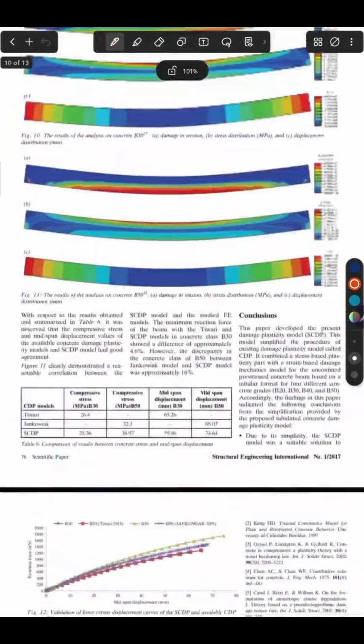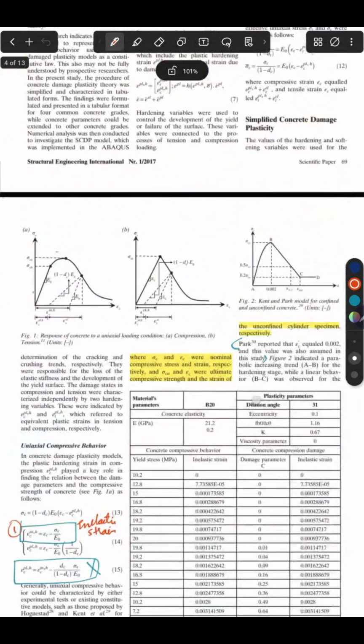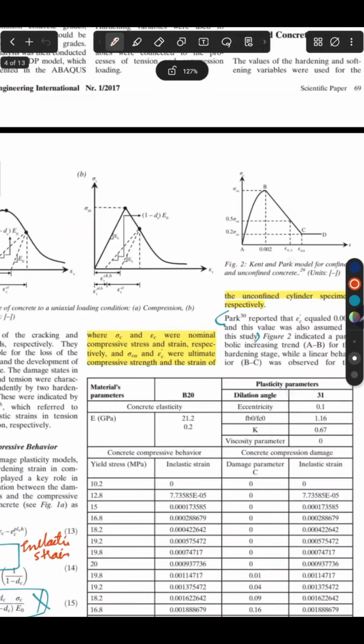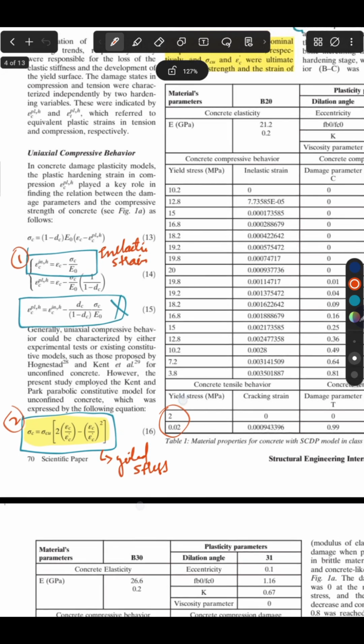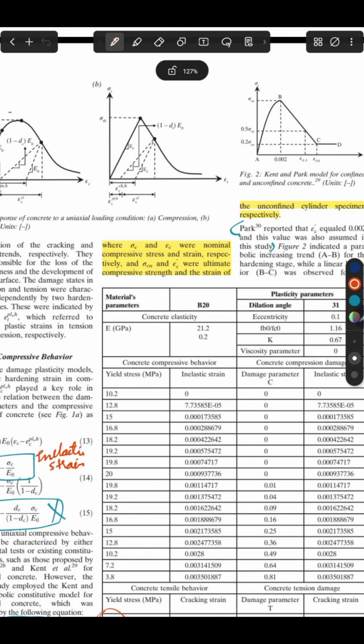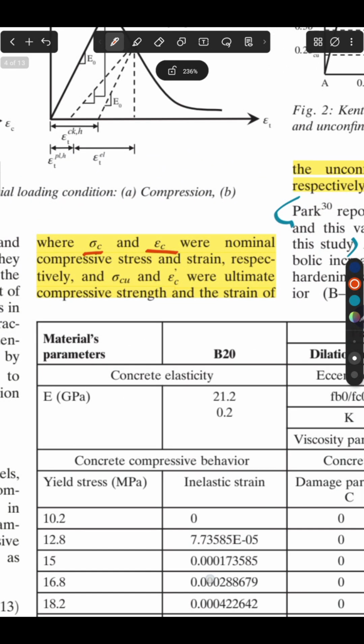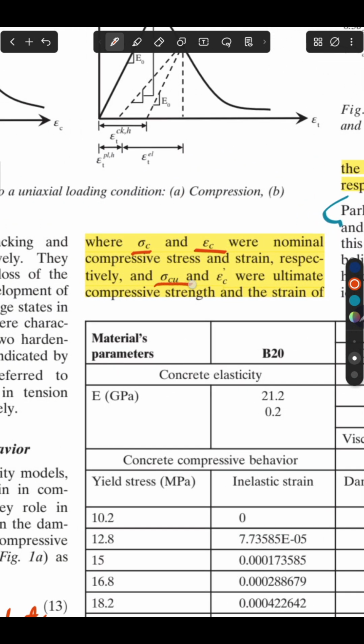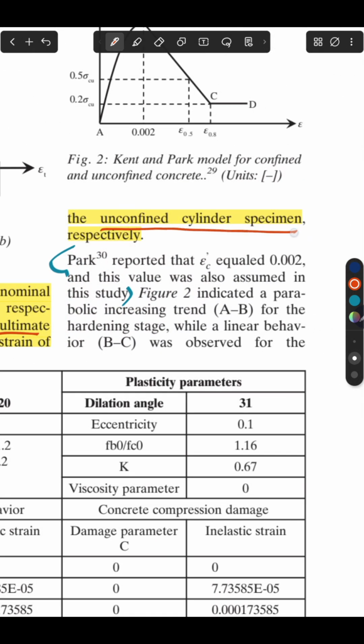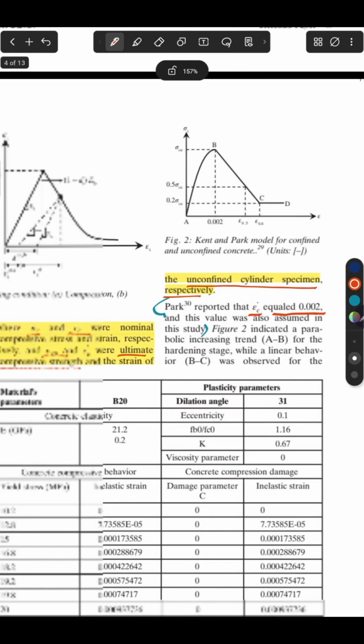Here you can see sigma c and epsilon c were nominal compressive stress and strain respectively, and sigma cu and epsilon dash c were the ultimate compressive strength and the strain of the unconfined cylinder specimen. Epsilon dash c equals 0.002 as per Park, and this value was also assumed in this study.